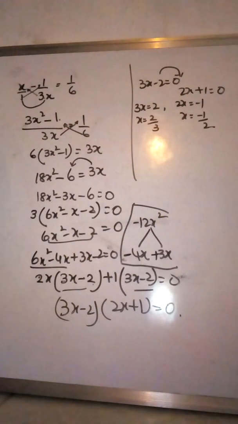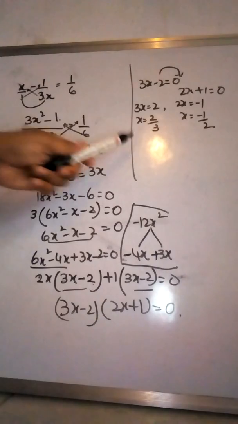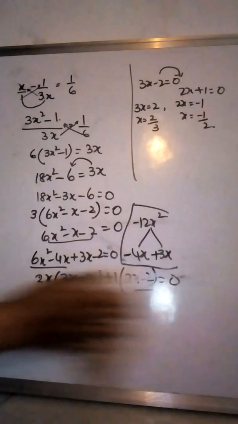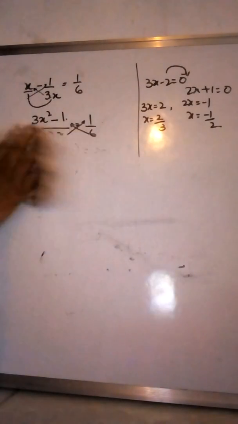So the roots are 2 by 3 and minus 1 by 2. So if you substitute these values in the quadratic equation, you will get it as 0. So we'll solve some more problems.